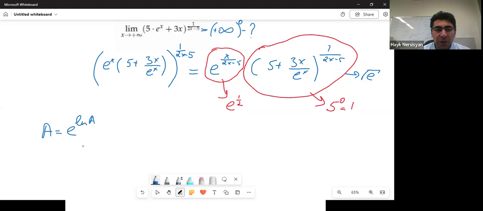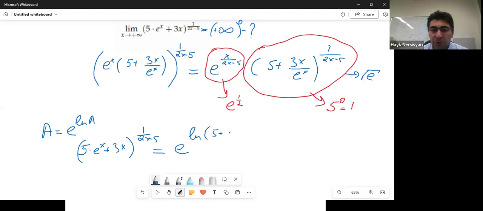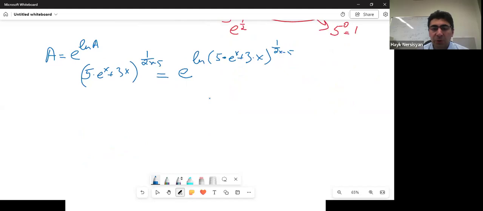So instead of finding the limit of 5 times exponential x plus 3x taken to some power 1 over 2x minus 5, which is our a, we can write it as e to the power of the logarithm of that expression. By the property of logarithm, the power can come in front as a multiplier, so we get e to the power of 1 divided by 2x minus 5 multiplied with the logarithm of 5 exponential x plus 3 times x.